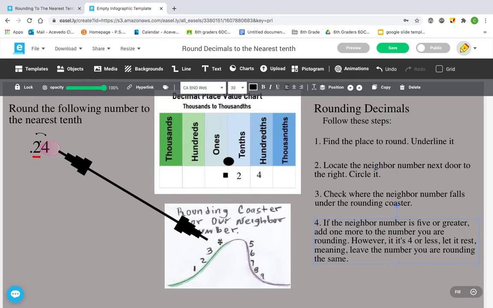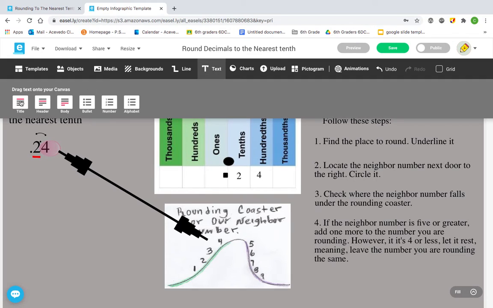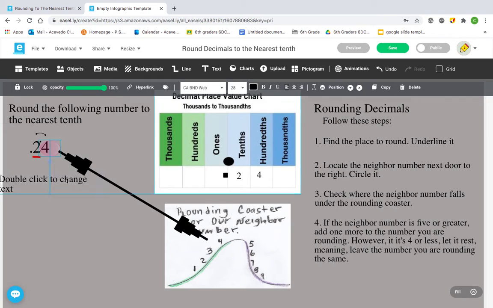And I go back to the last step. It says that if that neighbor number falls under 4 or less on the rounding coaster, that means that the number that I'm rounding stays the same. So decimal 0.24, when I round it to the nearest tenth, becomes 0.2.